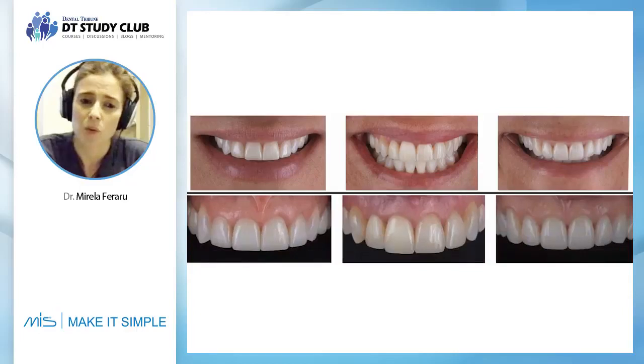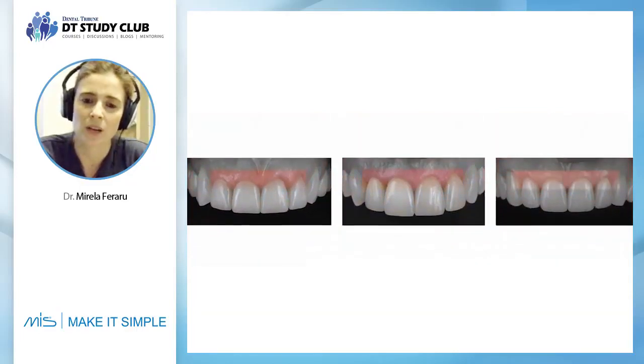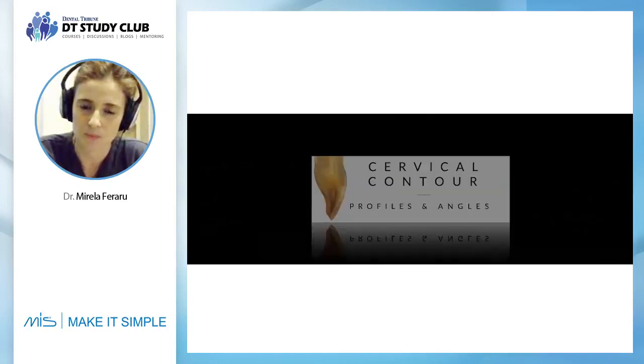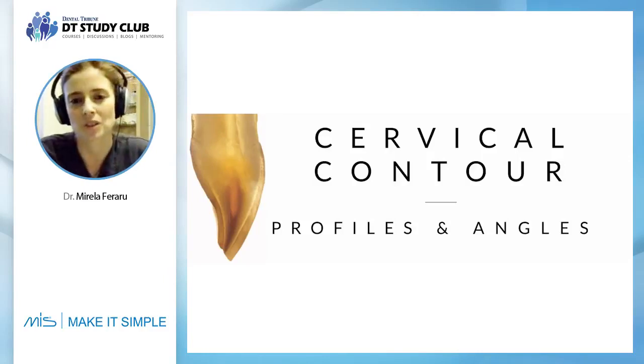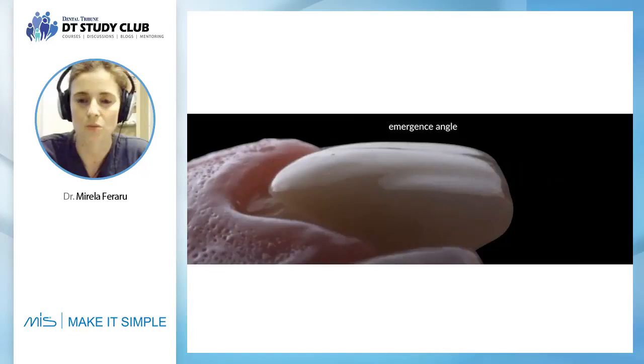But when we take a closer look at how it looks intraorally, what strikes the eye is this natural blending and harmonious integration, especially when it comes to the cervical part between the margins of our ceramic restoration and the soft tissues. So in order to have such a harmonious integration, it's important to understand a little bit about the profiles and angles of our ceramic restoration related to the tooth structure or to the prepared teeth.